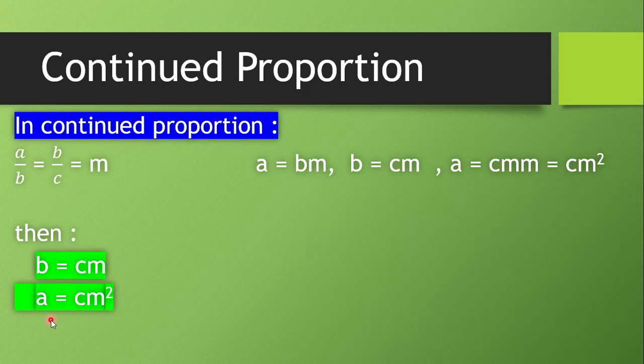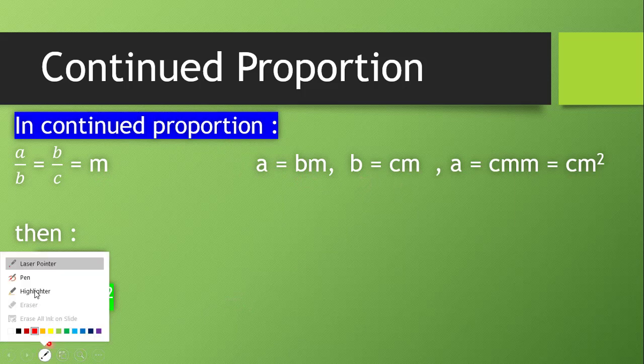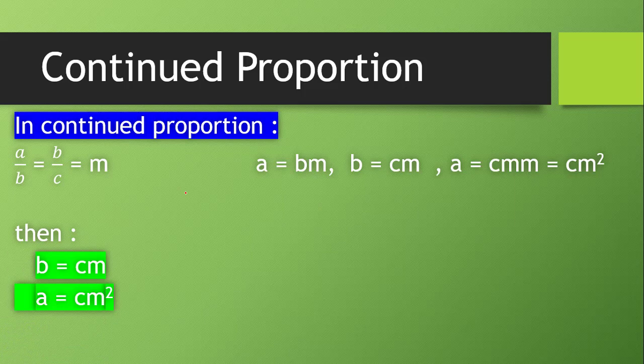As we did before in proportion, we have A over B equals B over C. I'll assume that A over B equals B over C equals M, a constant number. So if I want to get A, I'll multiply B times M. If I want to get B, I multiply C times M. So A equals BM and B equals CM. I can also substitute: instead of B, I write CM.